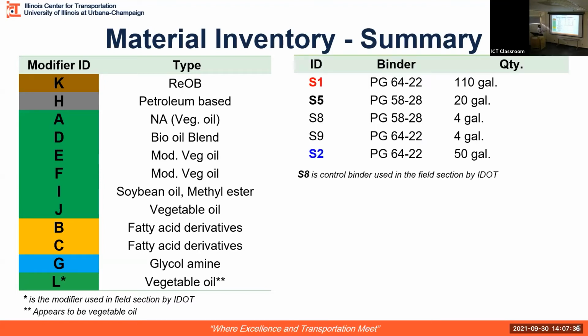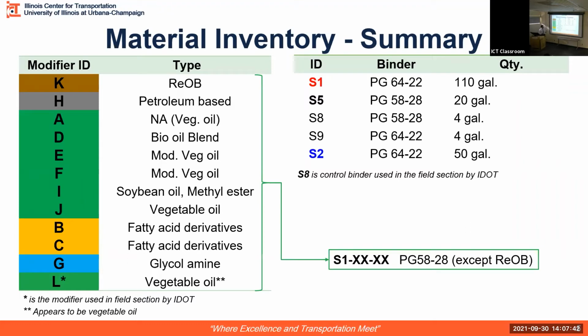These modifiers were used to modify a standard 64-22 unmodified binder to produce a 58-28, which is the current demand in Illinois. And in order to compare the modified PG 58-28, we had a reference unmodified 58-28, which was also used in the study to see whether these modified binders could perform equally, or where they stand in terms of a traditional 58-28.